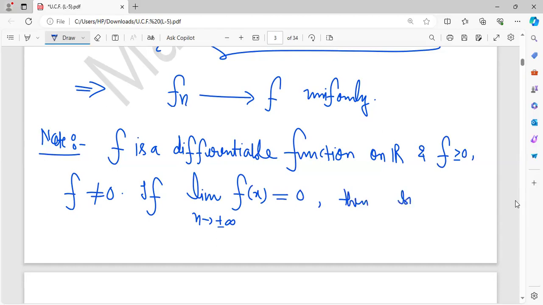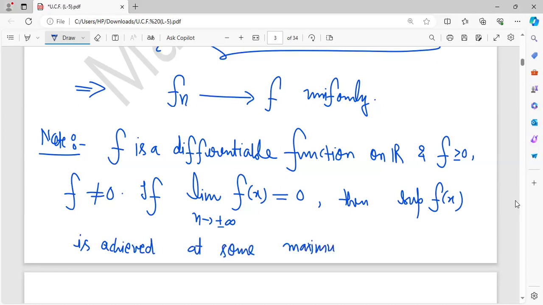Then the supremum of f(x) is achieved at some maximum points of f(x).